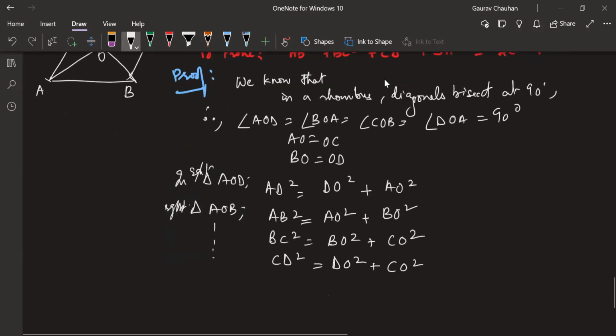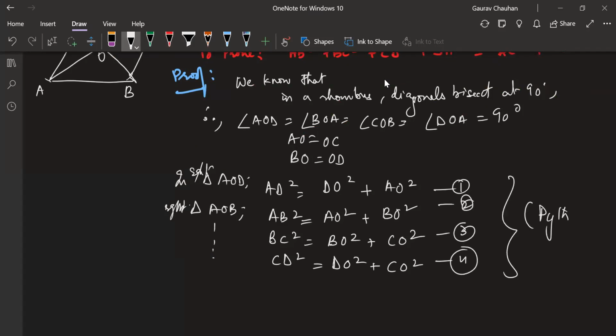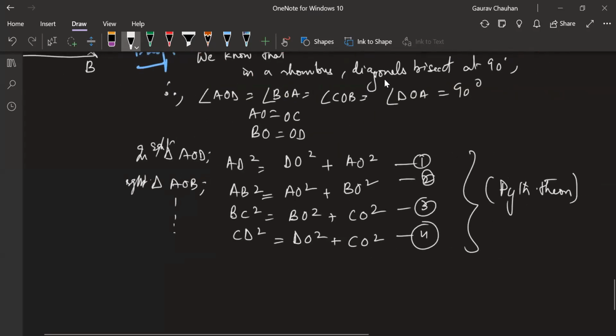That gives me these four equations, 1, 2, 3, and 4. Obviously all of these have the same reason, Pythagoras theorem. If you are running short of time, you can write it like this. Yes, you have to write in triangle BCO, in triangle CDO and so on, but I'm skipping that part. Everyone good so far?